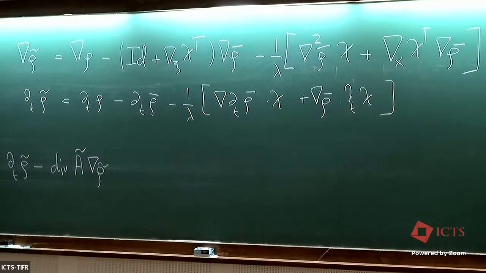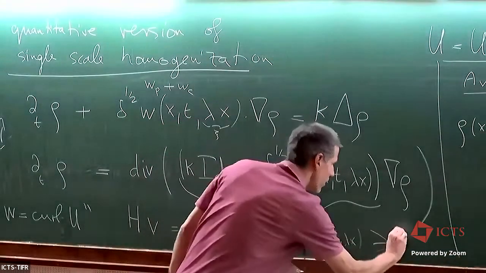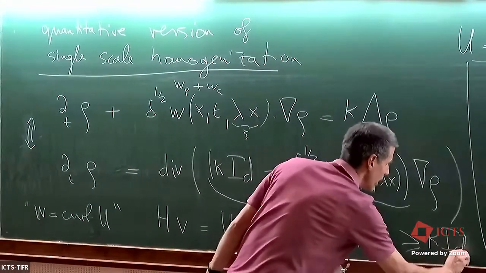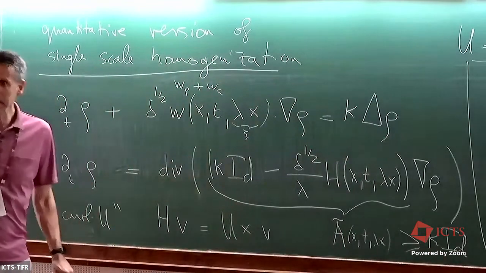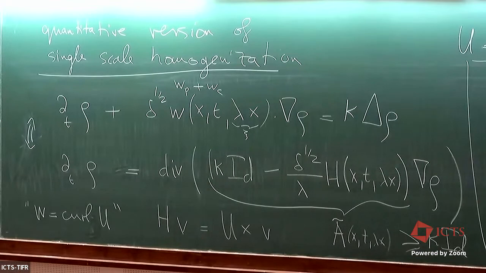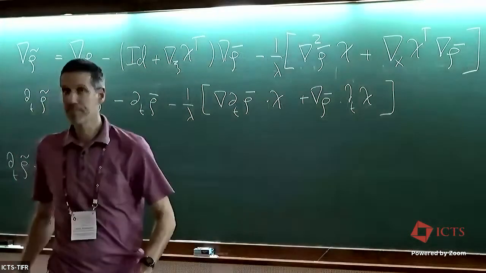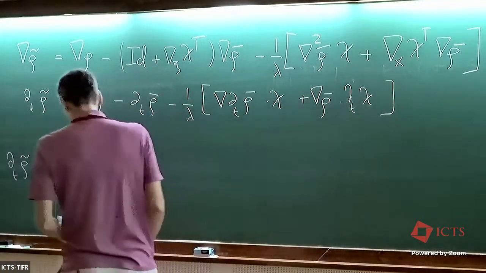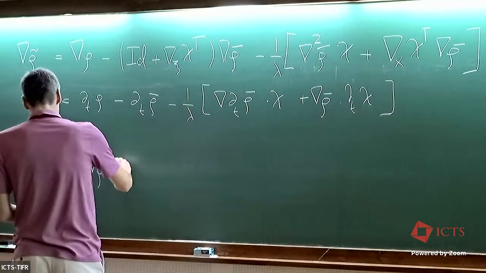Okay, A tilde depends on x, t, lambda x. And I know it's elliptic, and the elliptic bound is kappa. Okay, so I have a uniformly elliptic parabolic PDE. I can write down now the equation for rho tilde, and then I just have energy estimates. So the task is simple.